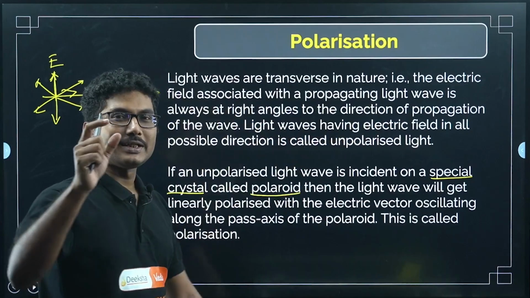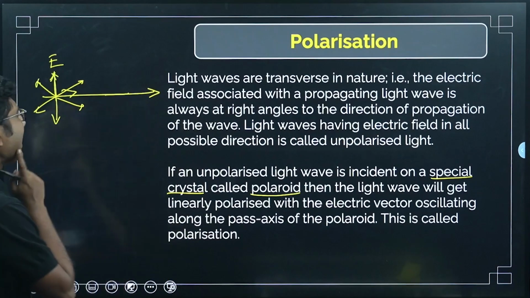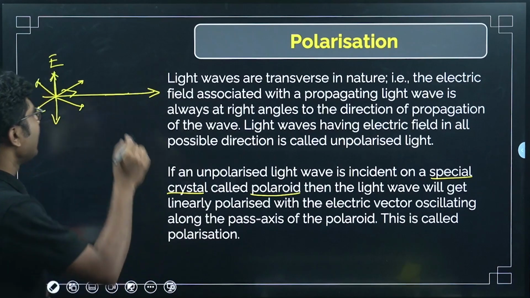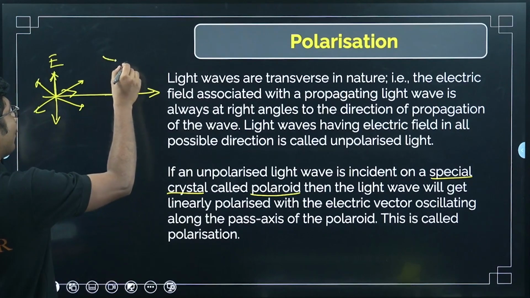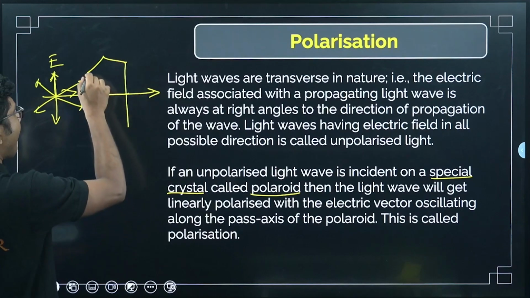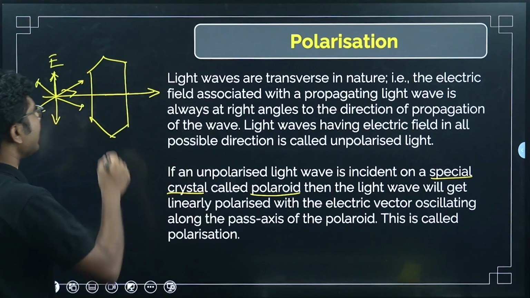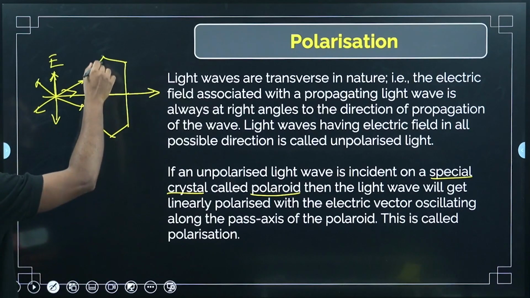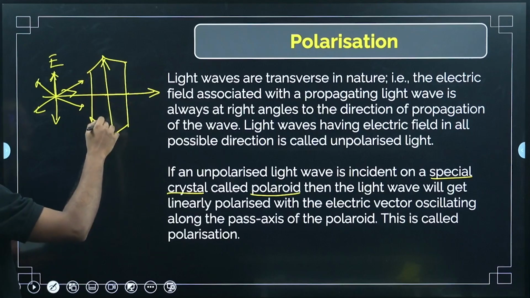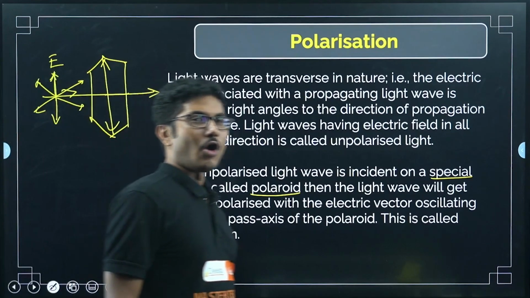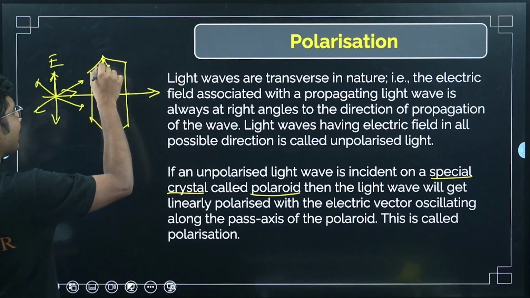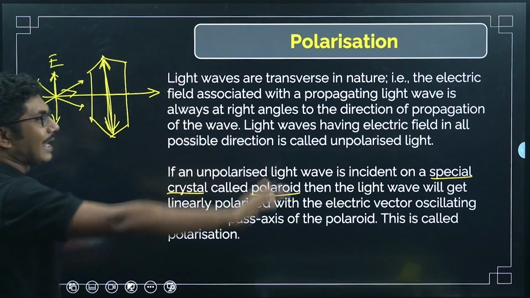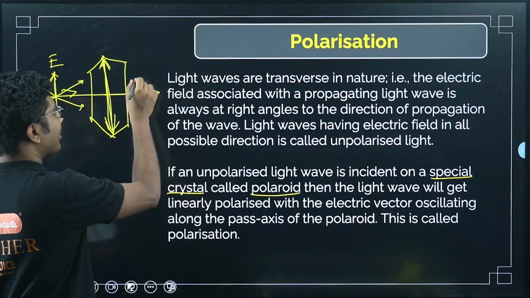So quartz is basically a crystal, and when it is cut in a particular way, it can have a particular way to emit light. So if this is a crystal, then light rays which are having electric field only vibrating in this direction are allowed to pass.